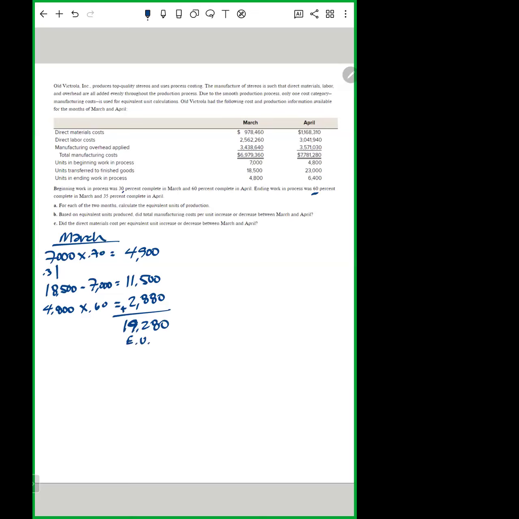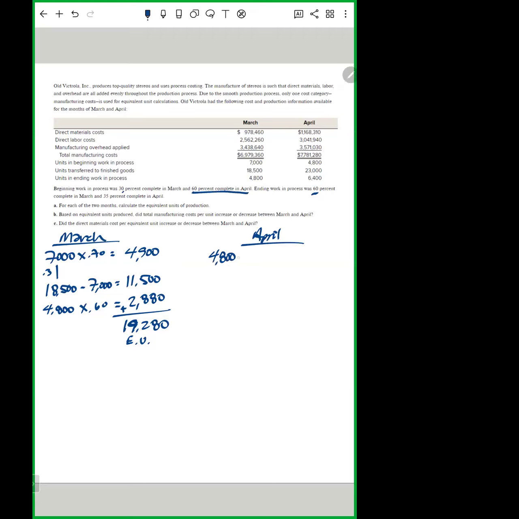This is equivalent units, all right, not money. Okay, and then for April, we started out April with 4,800 units. And it says 60% complete in April, meaning that that 60% was completed actually in March.